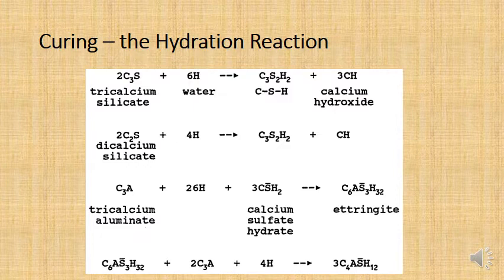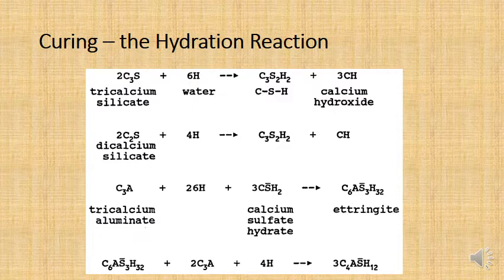That in turn will react with more tricalcium aluminate, and that's going to form a hydrated calcium aluminate, or calcium aluminate hydroxide is another term. That's C4ASH12 at the bottom. Now, one thing you need to know here is that the tricalcium silicate and the dicalcium silicate, those are one-step reactions.